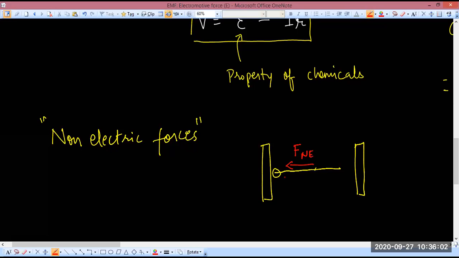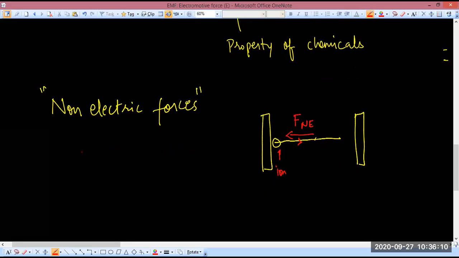So when this ion has a displacement against the non-electric force, whenever something moves against a force, its potential energy will increase. Do you agree with that sentence?